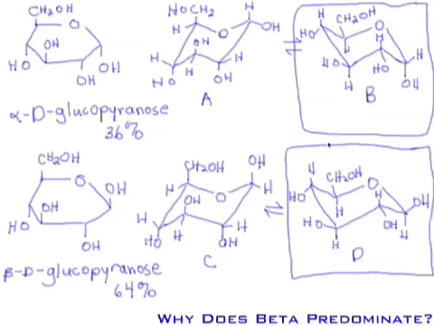You should practice drawing the Haworths and the chair conformers. And you are responsible for being able to name any structure that's given to you, either in chair conformation, Haworth conformation, Fischer, cyclic Fischer. And to do that, you have to convert the structures back to the Fischer projection.